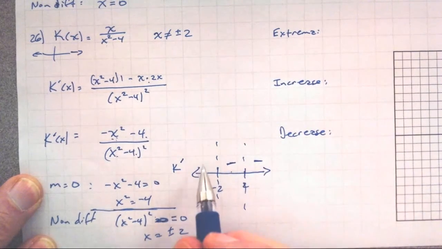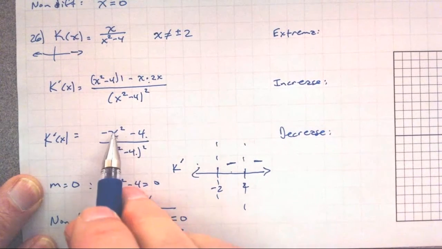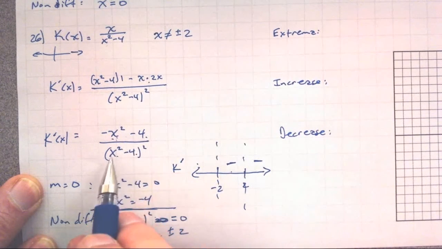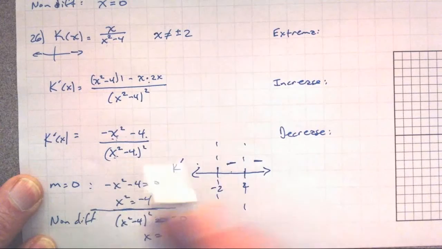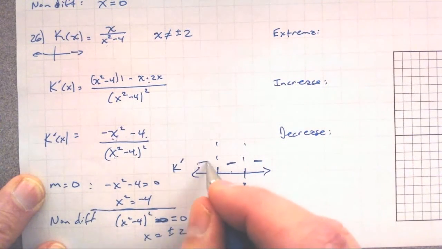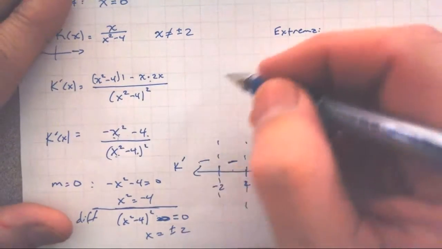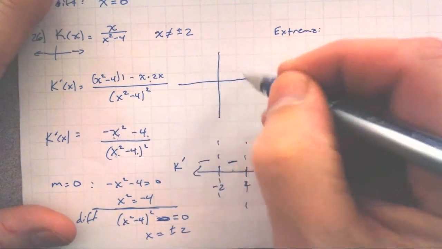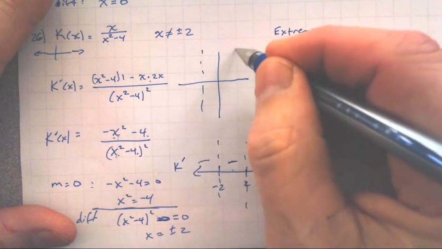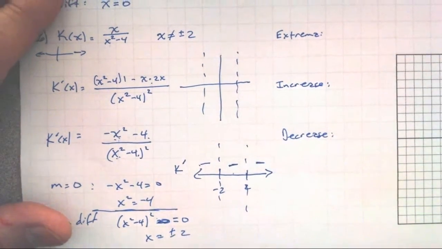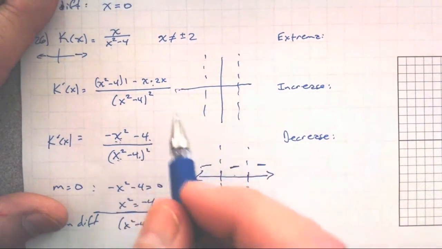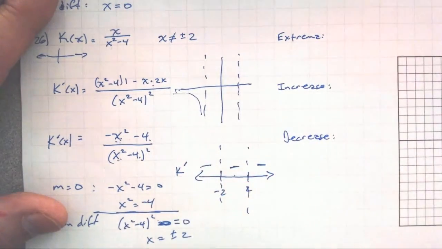If I put in -3, I ultimately get a negative in the numerator and a positive in the denominator. It's going down at all of those intervals. How could that possibly be? Well, I suspect we have asymptotes at 2 and -2. I know we're getting close to 0, so I could have it going down here.